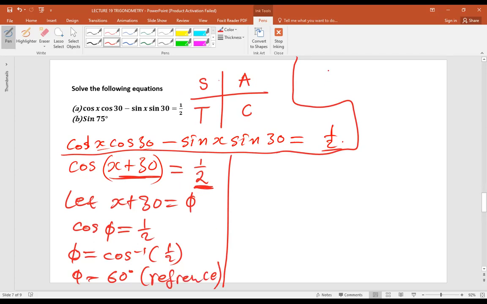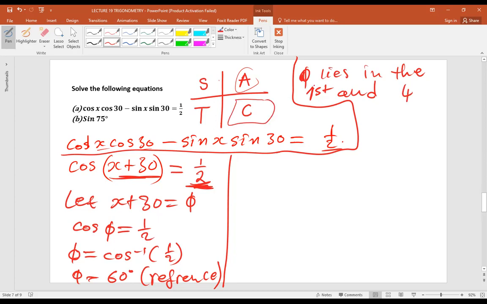So phi lies in two quadrants. The first one, because we know that half is positive. And the other quadrant where cos is positive is the fourth quadrant.